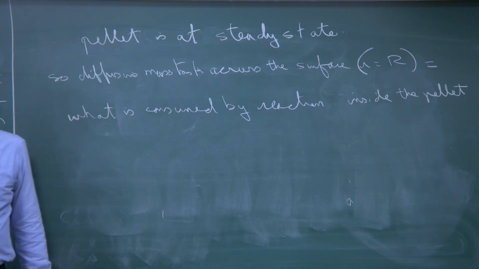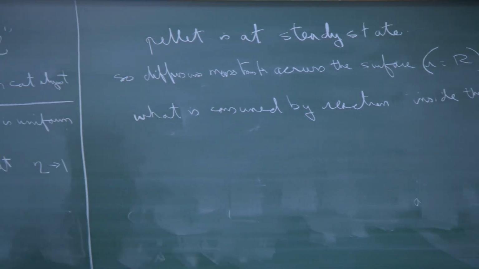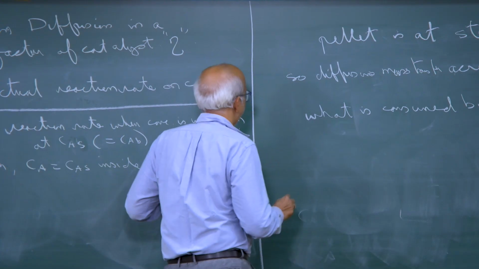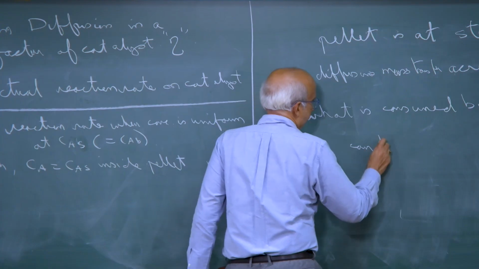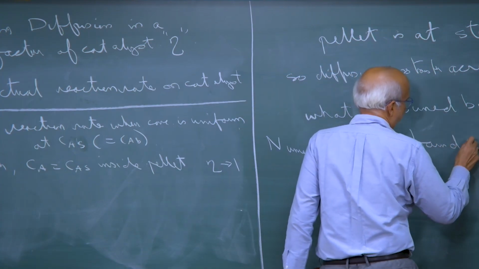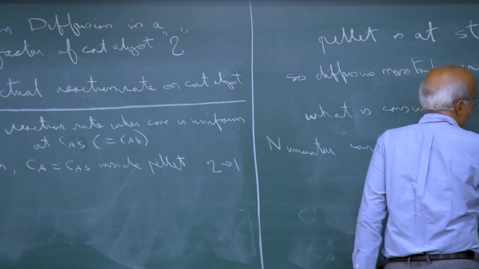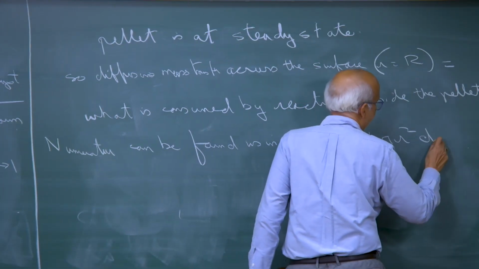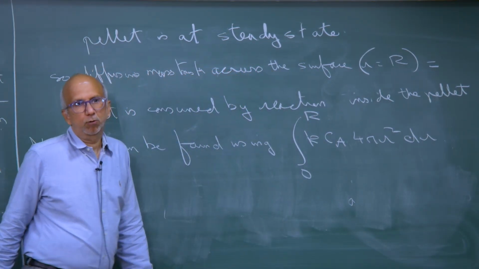Okay. So, what I am trying to tell you is I can measure this reaction rate in two ways, and I will possibly show that mathematically also. But before showing that mathematically, I will just explain to you physically. So, physically I can calculate this numerator using k CA times 4 pi r squared dr from 0 to capital R. This is in dimensional terms.